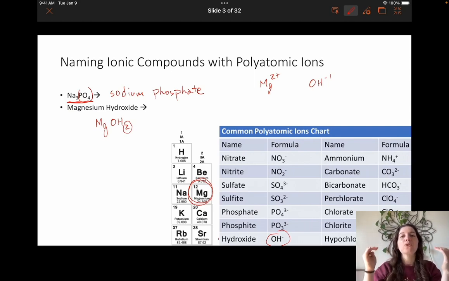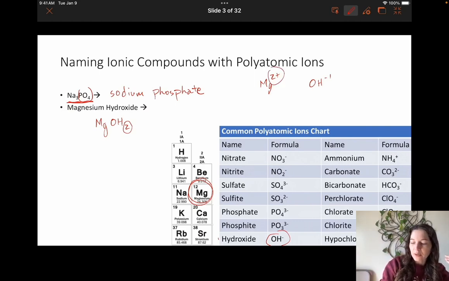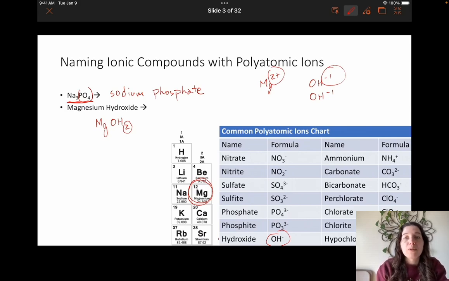So when these 2 ions combine together to make a compound, an ionic compound, the charges need to balance each other out. So what this means is that if we have a 2 plus here, we're going to need a 2 minus here. And so it recruits another OH, which means that for every 1 magnesium, we have 2 OHs, because that's going to give us 2 minus 2, right?